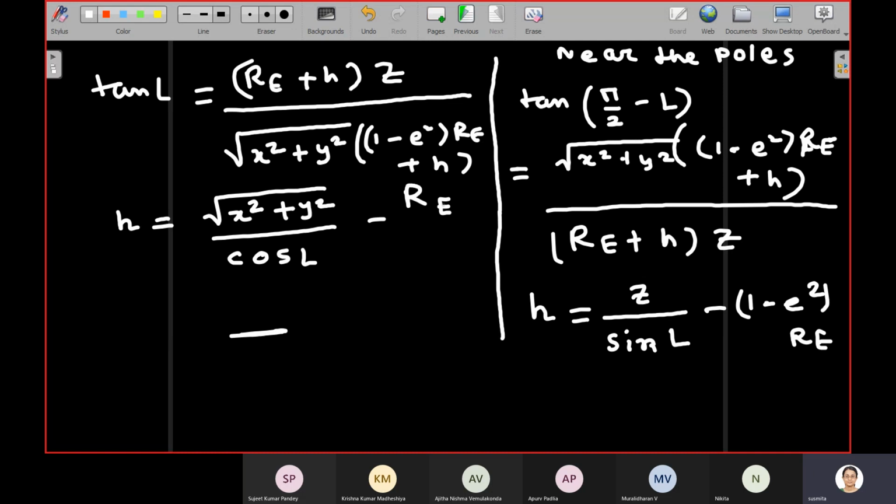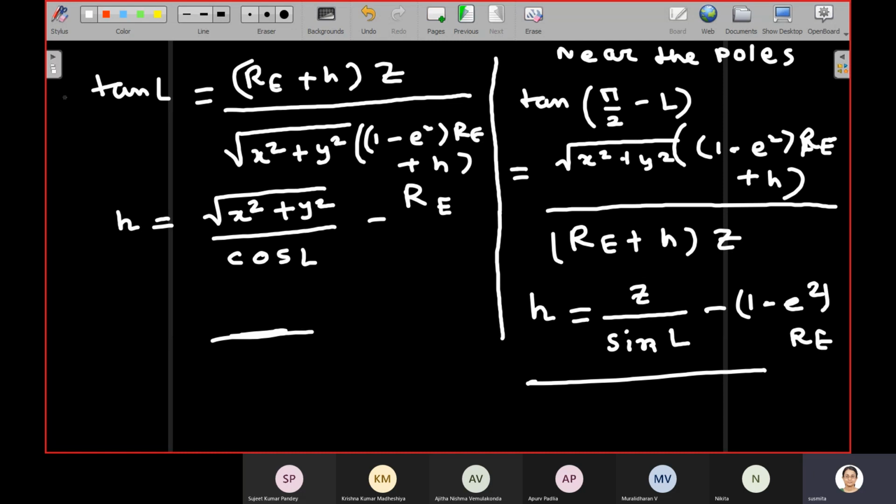So when the user is not near the poles, mathematically, what condition will we impose? Generally, when latitude is more than 89.5 degrees, we use this one, and when latitude is less than 89.5 degrees, we use the first representation.